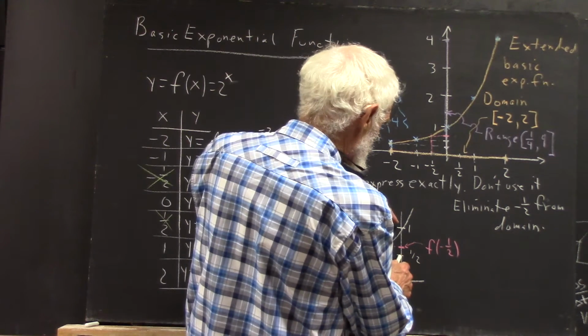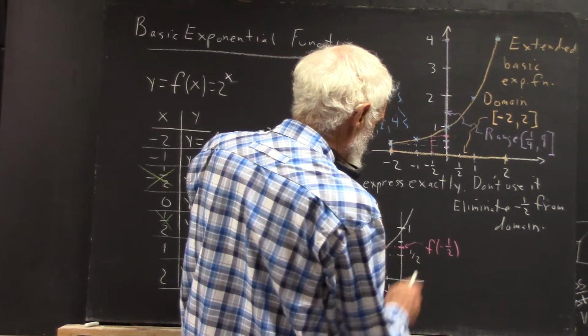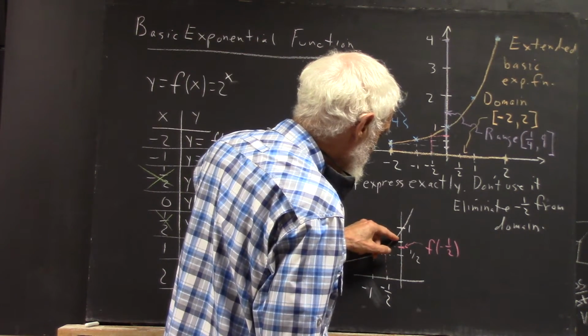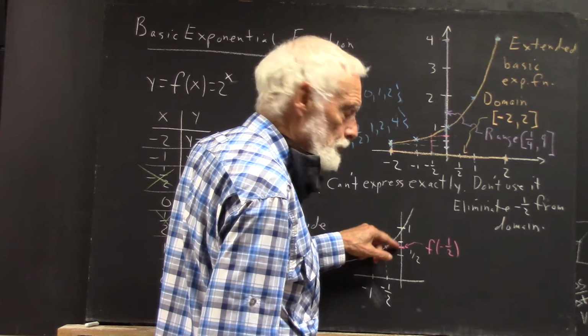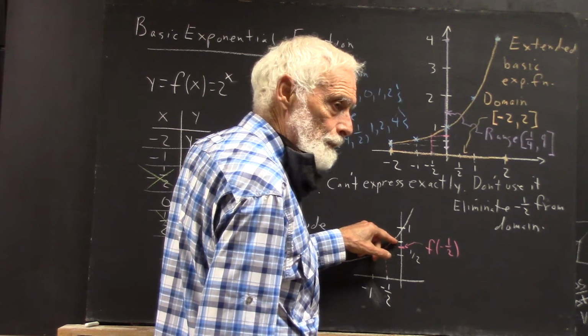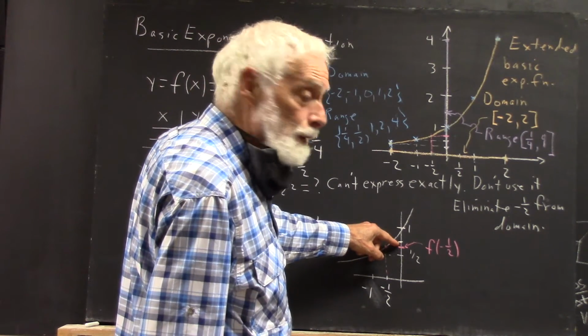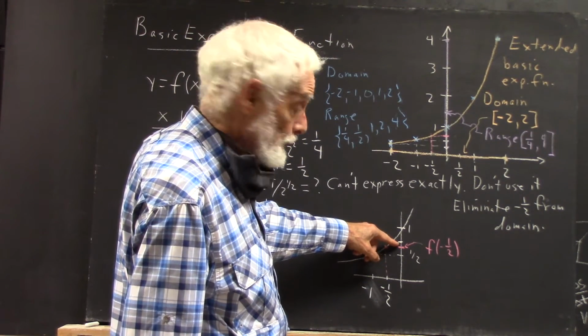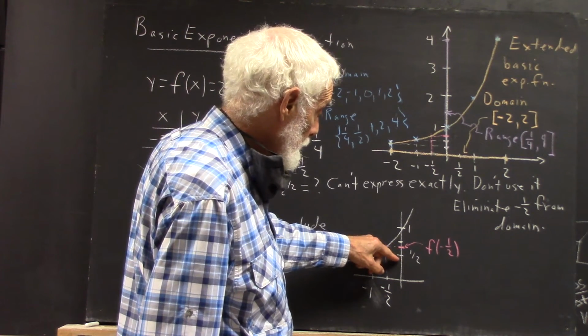Now if I divide the interval from 1/2 to 1 in half and ask, is this point closer to here or here? Well, it looks to me like it's closer to here than it is to here. 0.7 would be closer to the halfway mark, which is 0.75, than 0.6, and 0.6 would be closer to 1/2.